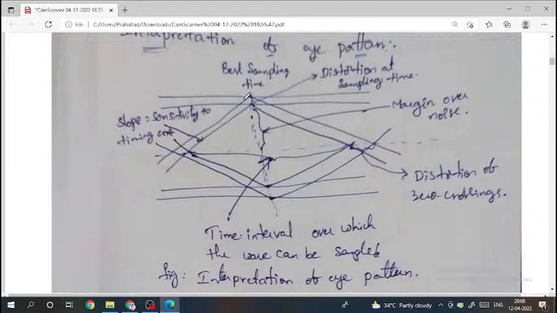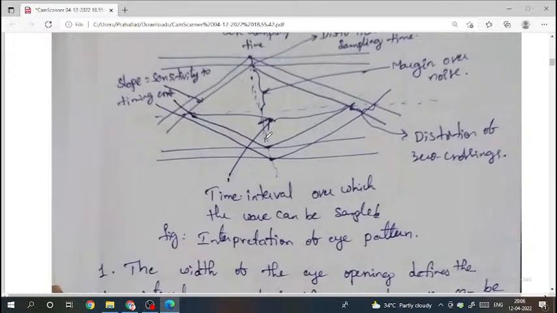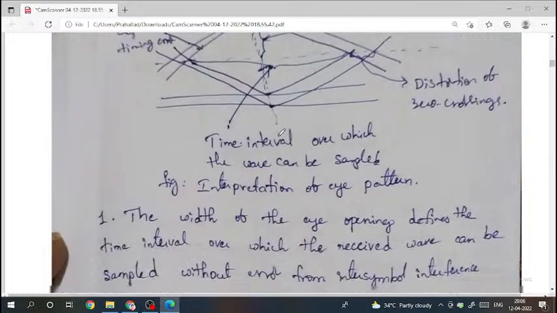So two types of distortion: this one is at sampling time, and this one is where zero crossings appear, there we also get distortions. And this one is the height of the eye, this one is the width of the eye, and this is the slope of the eye. This is the interpretation of eye pattern, very simple.